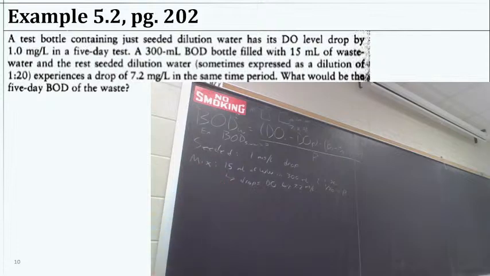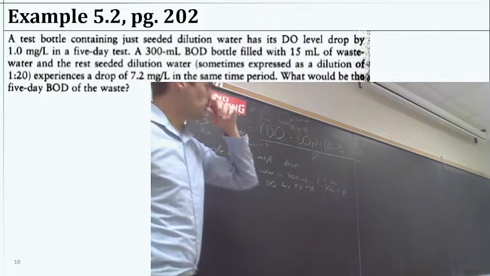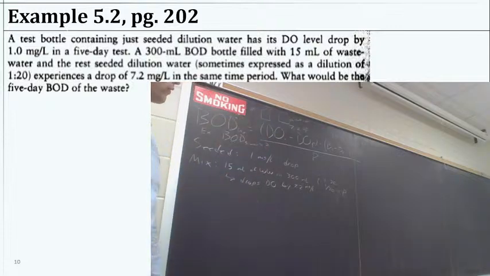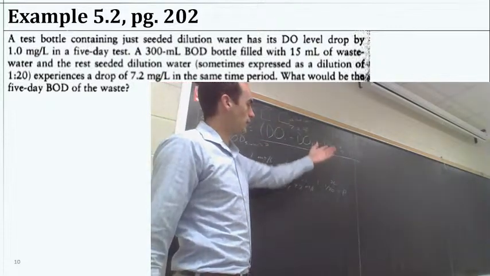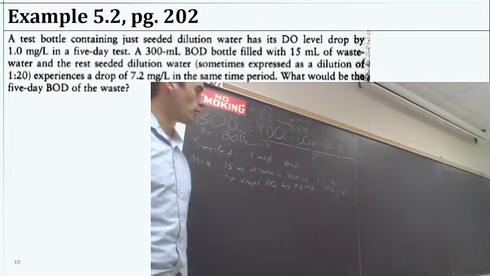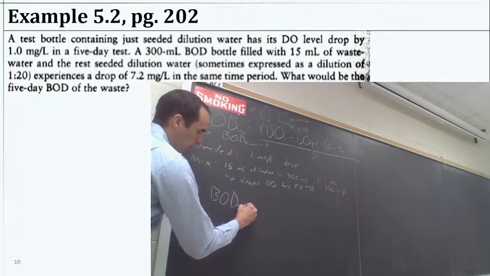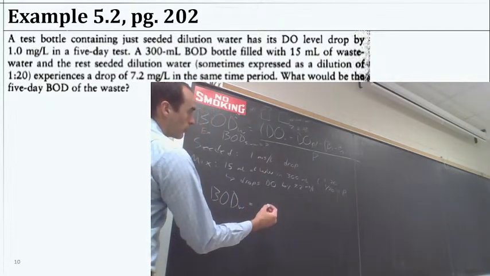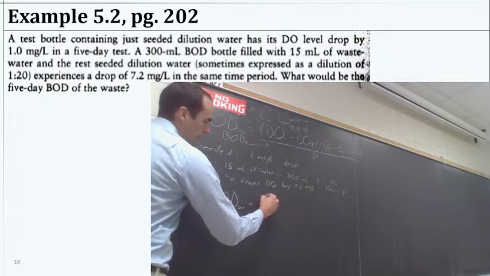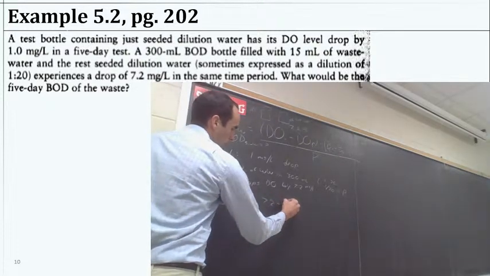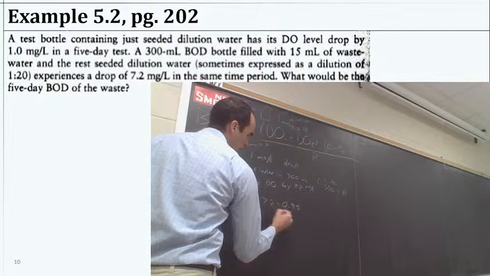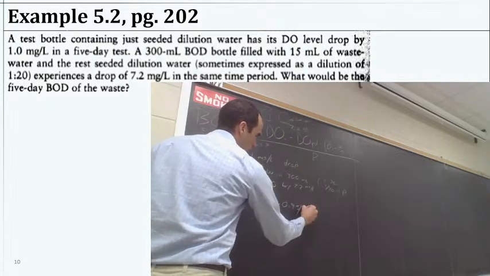So 1 minus 0.05 would be 0.95. So this is really 7.2 minus 0.95. All that, we can put that P to the top and say that's times 20. So we'll end up with BOD of our wastewater is equal to 7.2 minus 0.95 times 20.